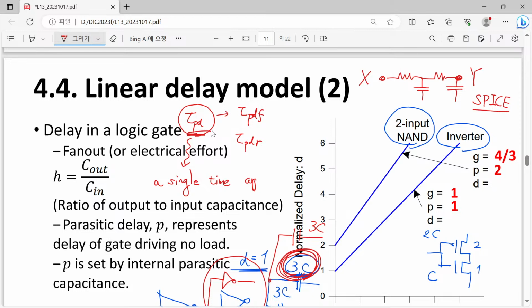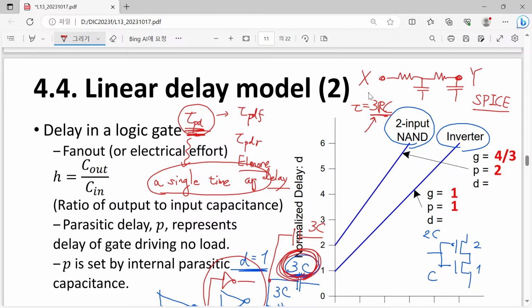However, in this course, we will just use the single time constant approximation, sometimes called the Elmore delay, following the name of the inventor. We will say that tau is 3 times RC. Is this 3 times RC the real propagation delay corresponding to this definition? Actually not.